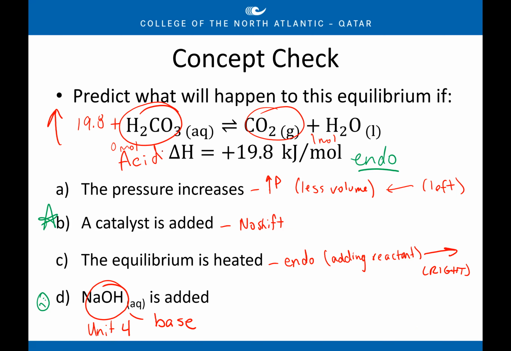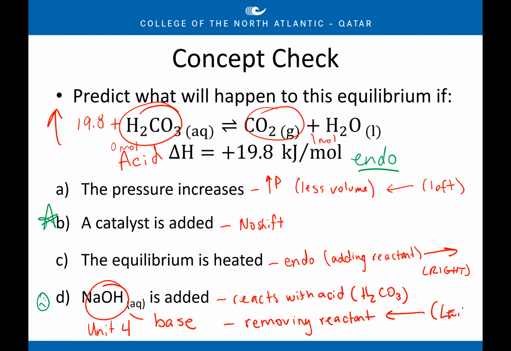But what's actually happening here is NaOH is a base. It reacts with the acid. Our acid is H2CO3. So what's really happening is we are removing a reactant, which means it shifts left. Don't panic about D if you don't understand it, because we actually haven't talked about this yet.